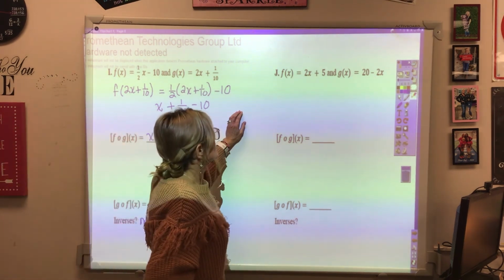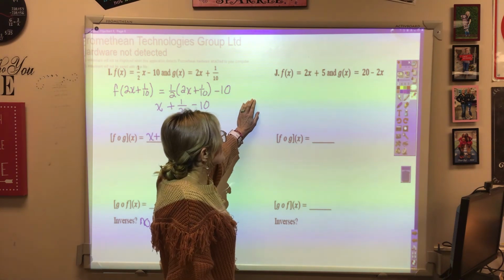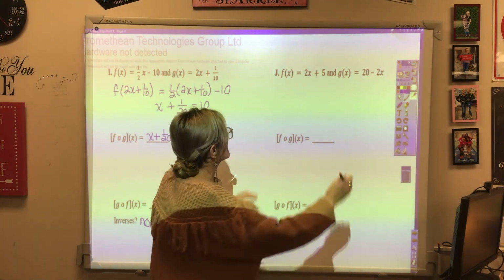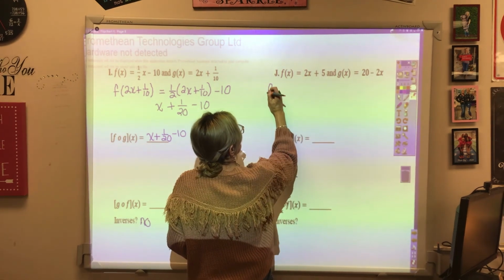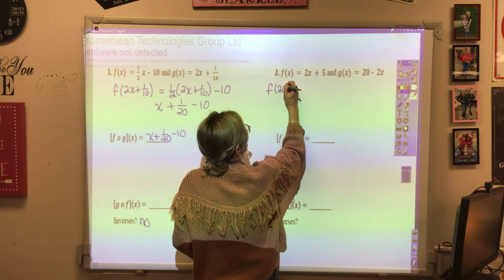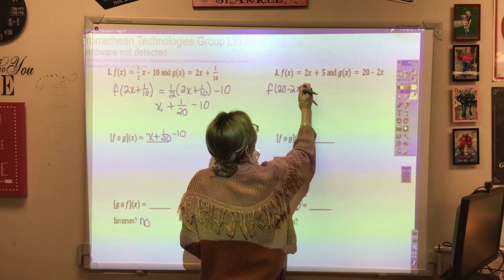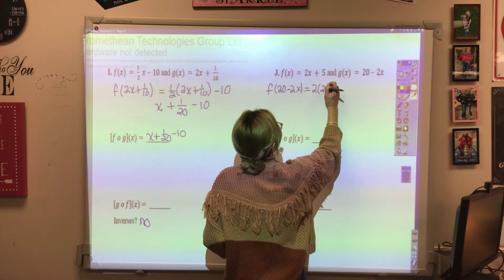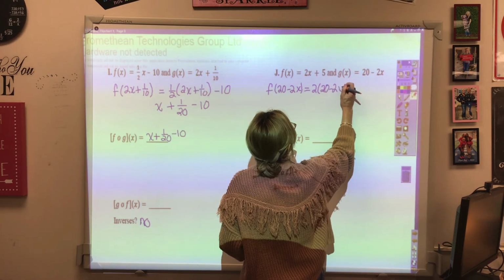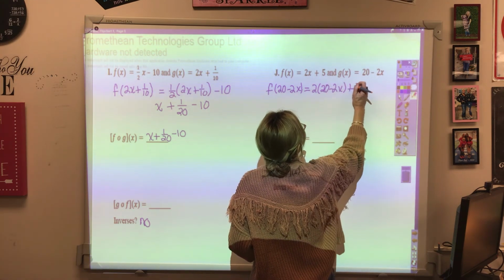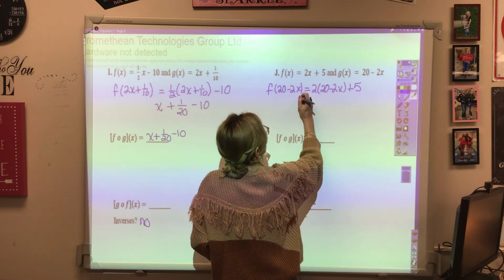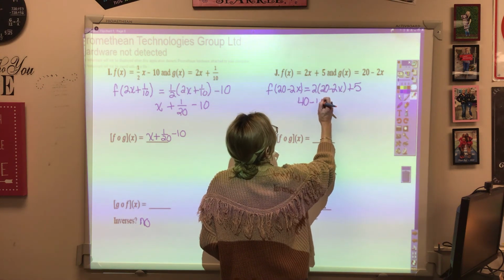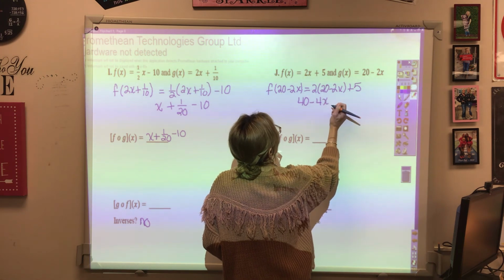And for the last one, f of x is 2x plus 5, and g of x is 20 minus 2x. So we're going to have f of 20 minus 2x equals 2 times the 20 minus 2x, plus 5. 2 times 20 is 40, minus 2 times 2x, which would be minus 4x.